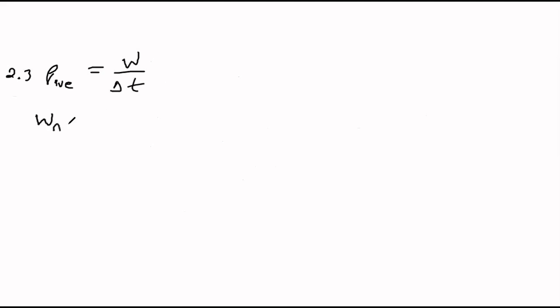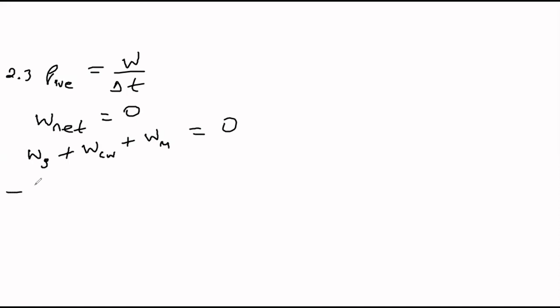Okay, so what we know, work net is equal to 0 because the system is moving at a constant speed. Then the work net is the same as the work done by gravity plus the work done by counterweight plus the work done by the motor, which is equal to 0.